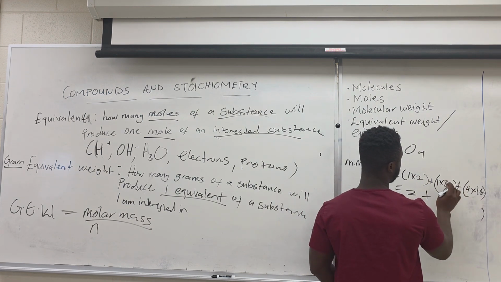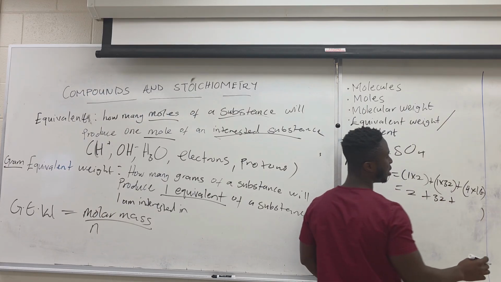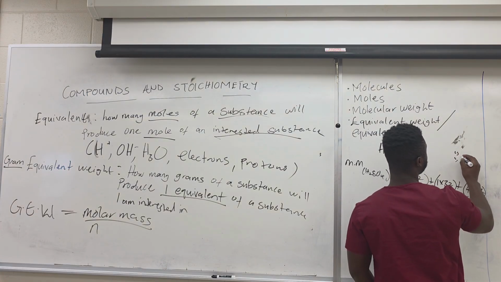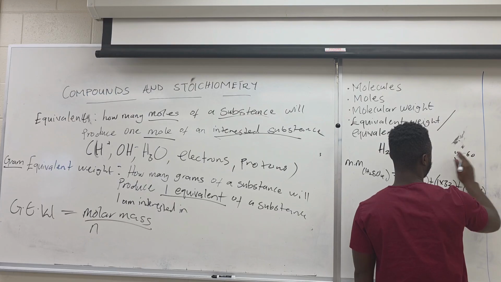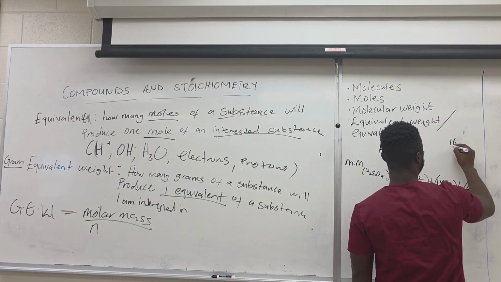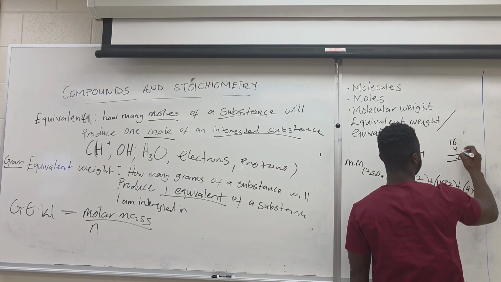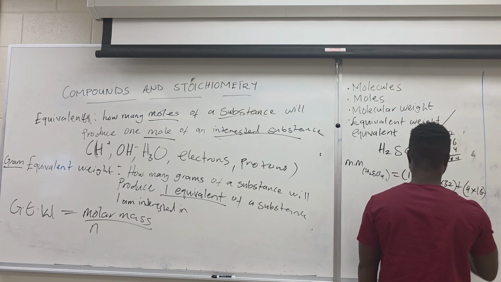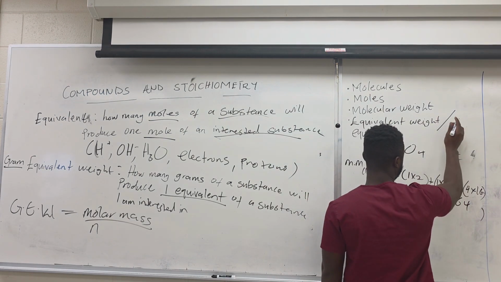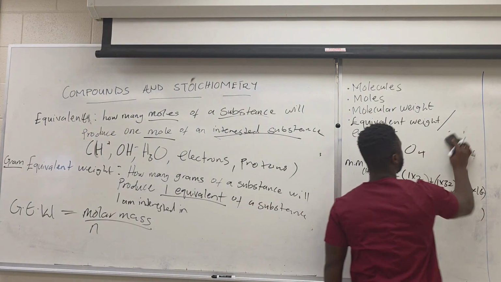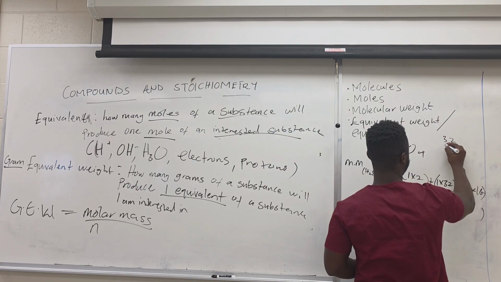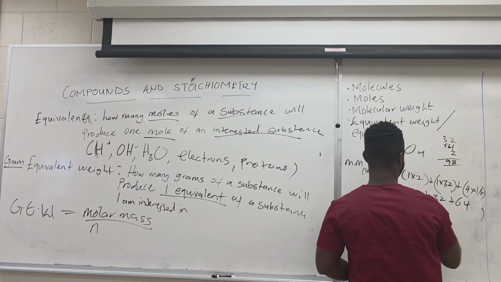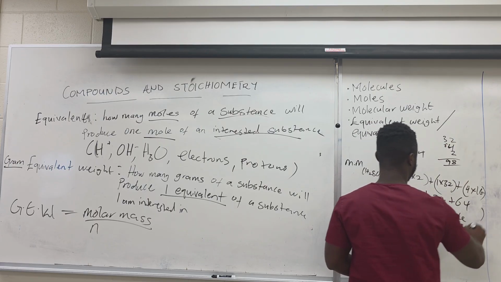So it's 2 plus 32 plus 4 times 16, which is 64. When you sum them together, you get 98 grams per mole, right?